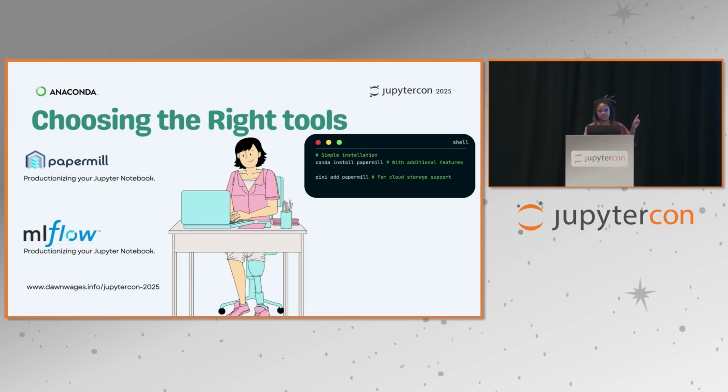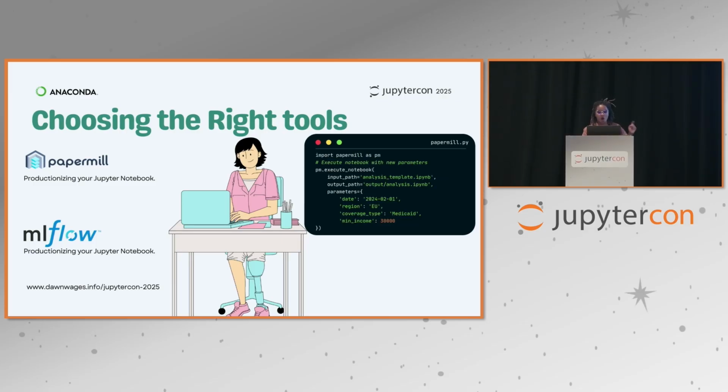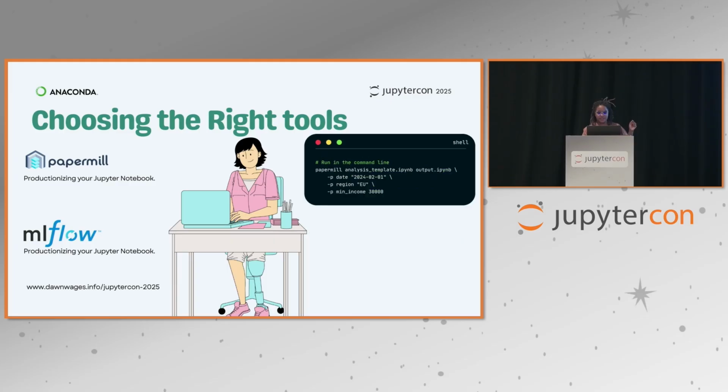I highlighted Pixi and Conda, which both use the Conda ecosystem, but you can also use pip. And this will automate your reporting. So these are good tools for common practices like automating your reporting, or batch processing, A/B testing, or structuring client deliverables. And then finally, you'll run through the command line. This is an example of running it through the command line. There's also a shorter command if you want to take your variables and put them in a shell script.